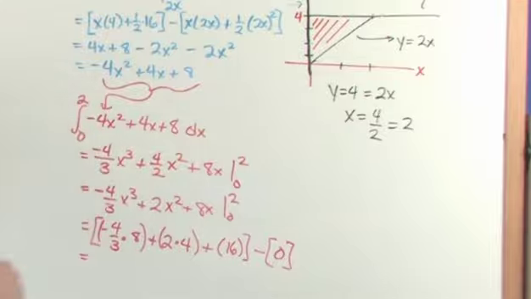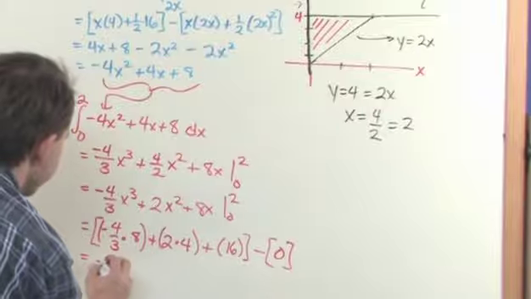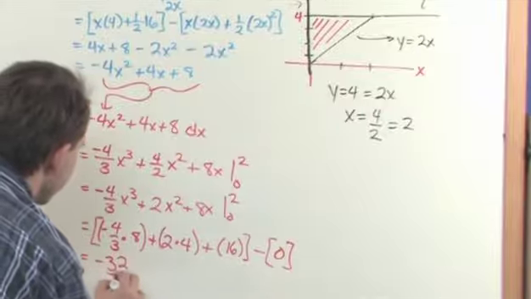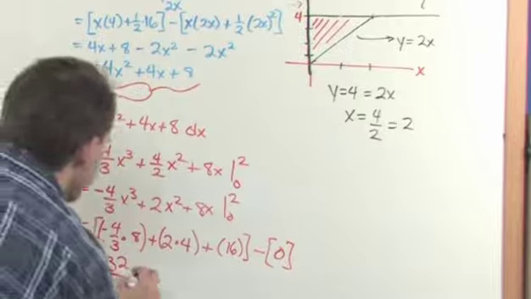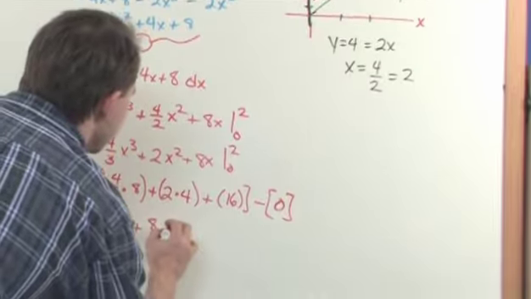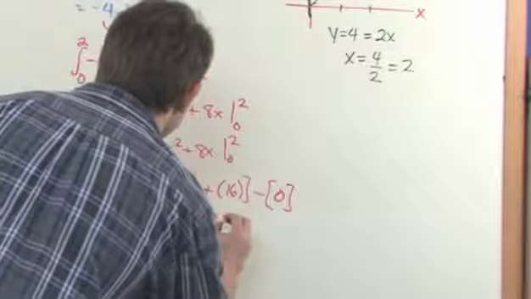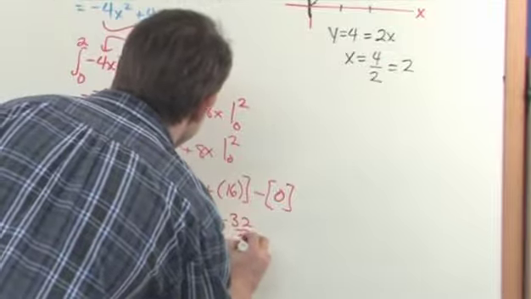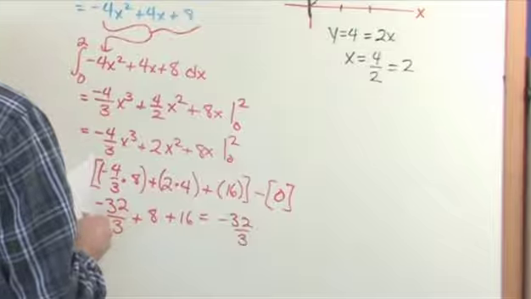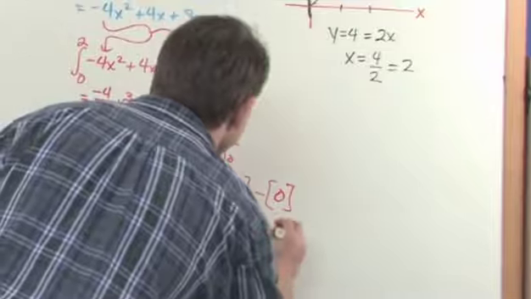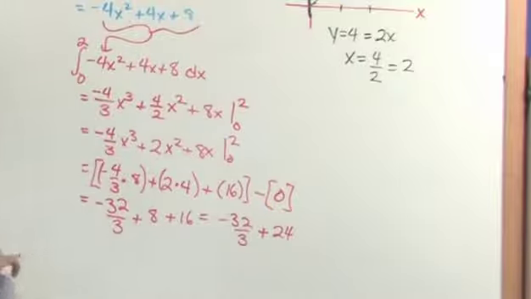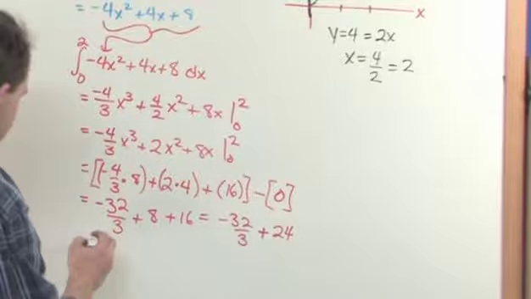So what I have here is 8 times 4 is 32, negative 32 over 3, plus 2 times 4 is 8, plus 16. So this is negative 32 over 3 plus 24, just adding the 8 and the 16. Then all you have to do is get a common denominator.